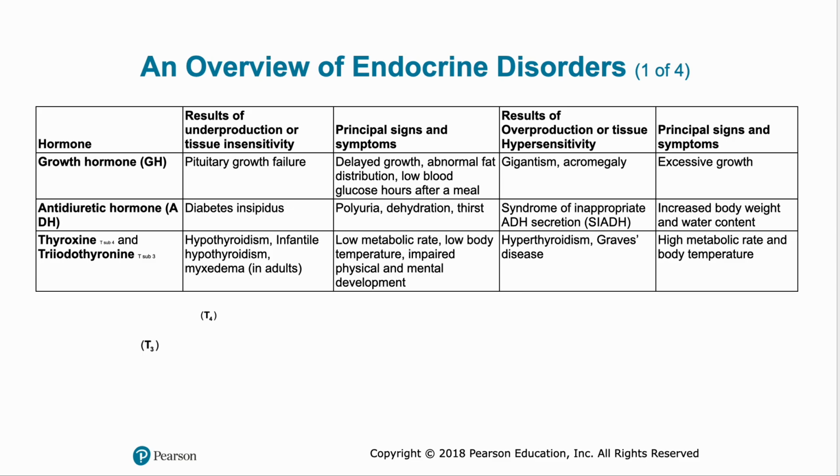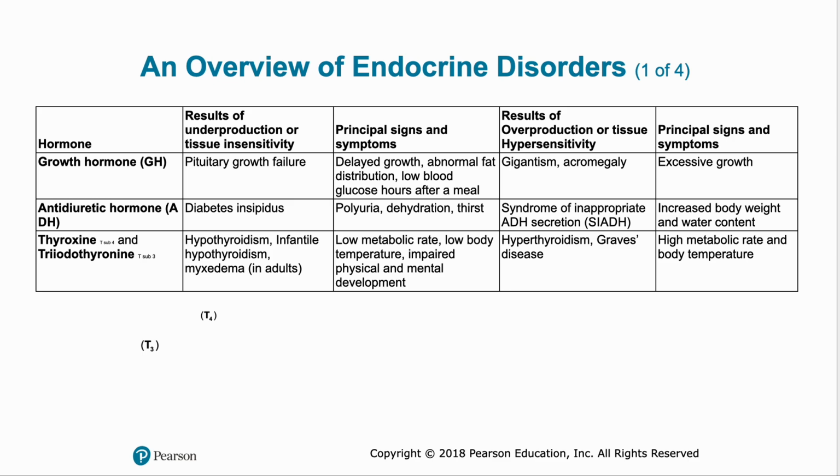If you don't have enough antidiuretic hormone, that leads to diabetes insipidus, which is different than the diabetes mellitus that we learned about in class. What you're going to see with a low concentration of ADH is dehydration and increased thirst. And then if you have too much ADH, we actually see people increasing body weight as a result of hanging on to higher levels of water.